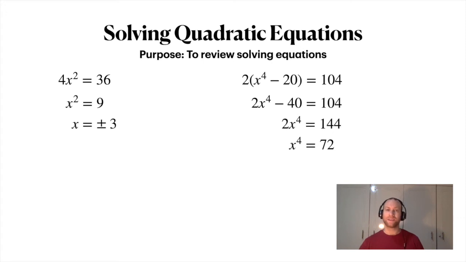So I will need to take the 4th root, but again, because we've got this even root, I need to put plus or minus. So just be careful with that. We're not going to do a lot of roots that are bigger than 3.